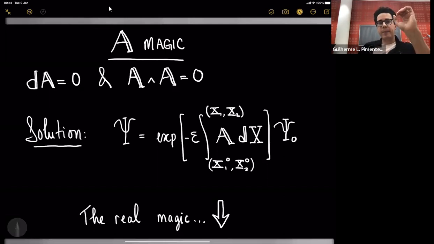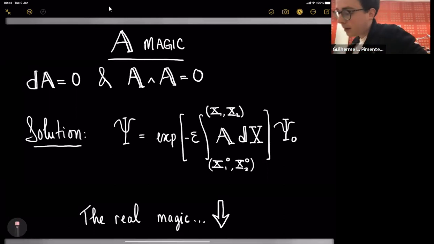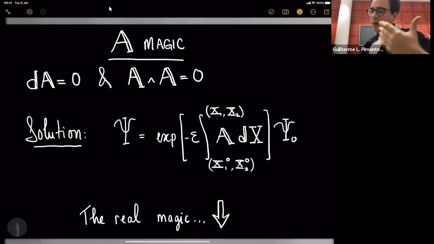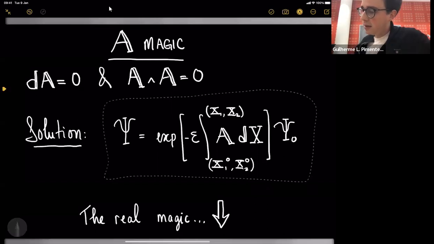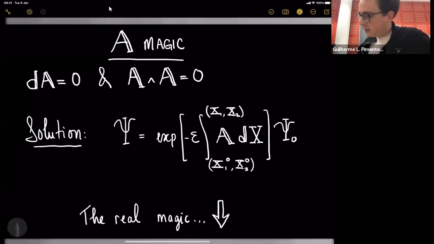This matrix A has components along the various directions in the kinematical space, and A wedged into itself is 0. Not only that, now the solution is trivial, right? Because d plus A psi equals 0, you just write the solution like this. And because this is Abelian and flat, this exponential is actually computable.